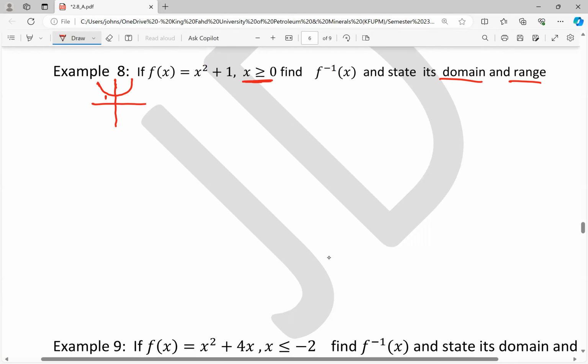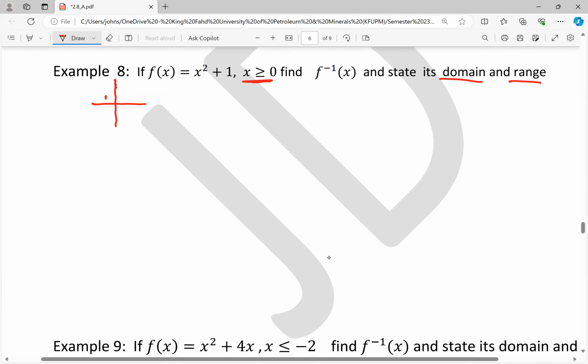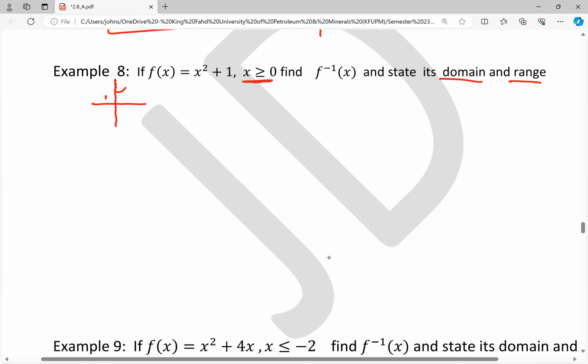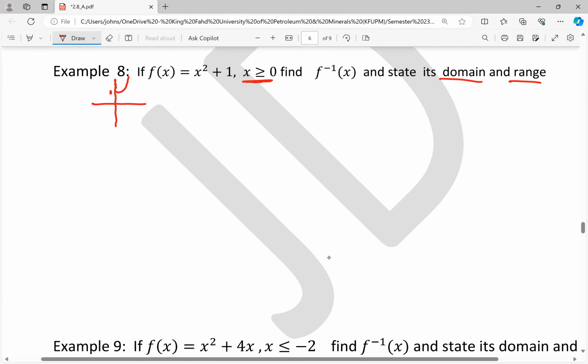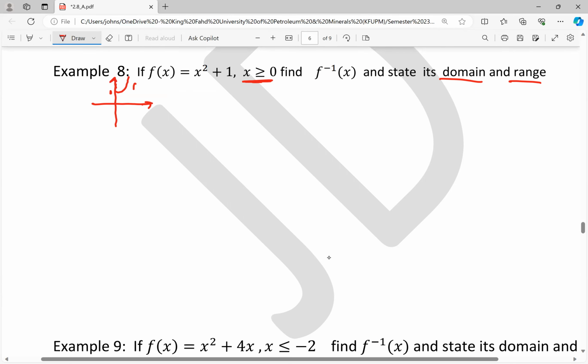But if you look at this, it is not 1-to-1, but because of this restriction, we have to remove the left part, because we want x to be greater than or equal to 0. So it's just going to be here upward, starting from 1. So this is actually the function f of x.